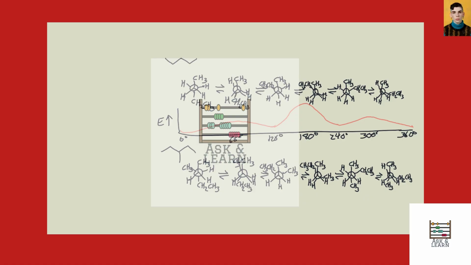Then rotate 60 degrees to get eclipsed. And then if we rotated another 60 degrees, we would get back to the original conformation that we started with. So now for the energy diagram.